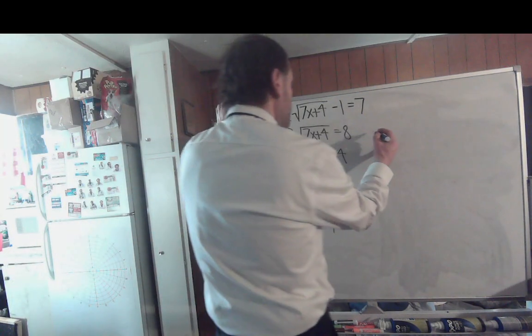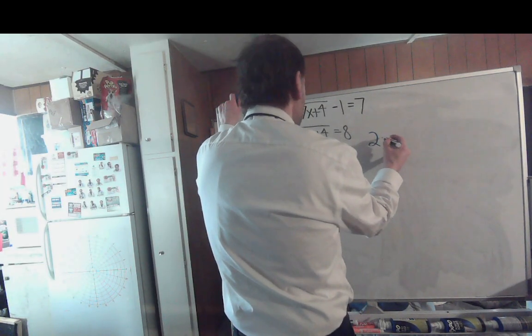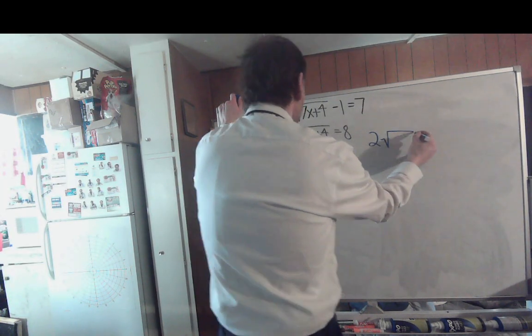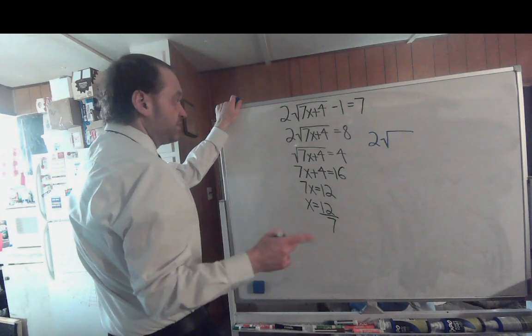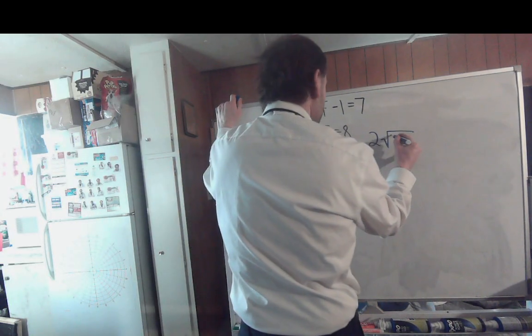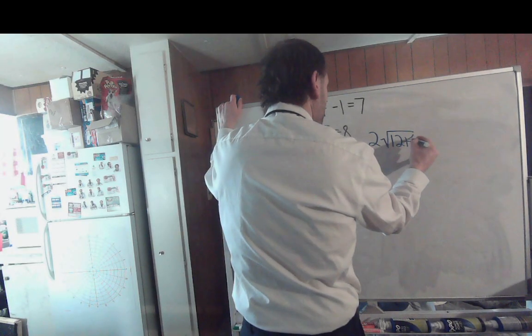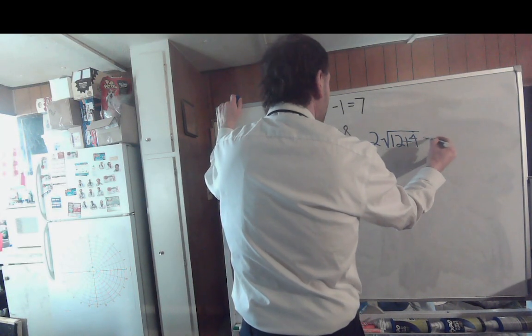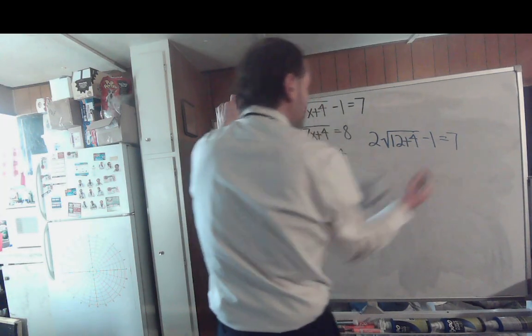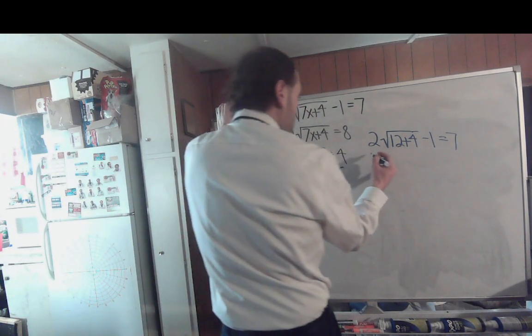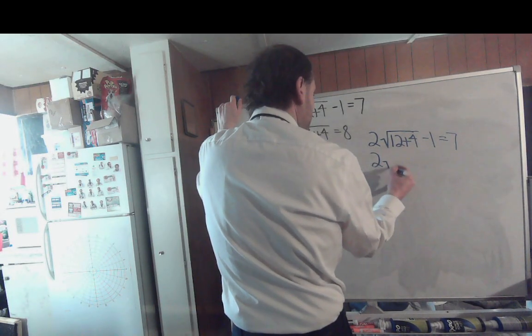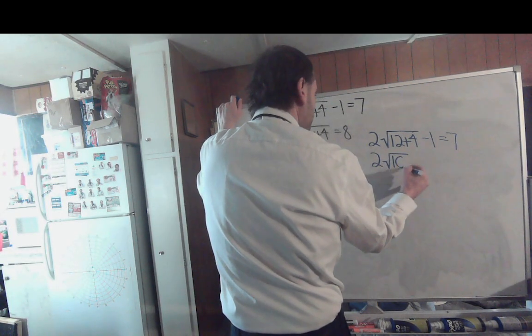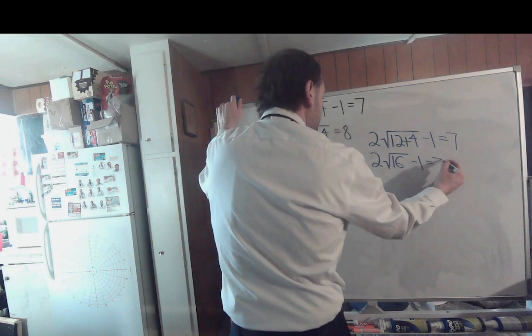So 2 times the square root, let's see, 7 times 12/7 is literally just 12 plus 4. All that minus 1 equal to 7. Well, this would turn into 2 times the square root of 16 minus 1 equal to 7.